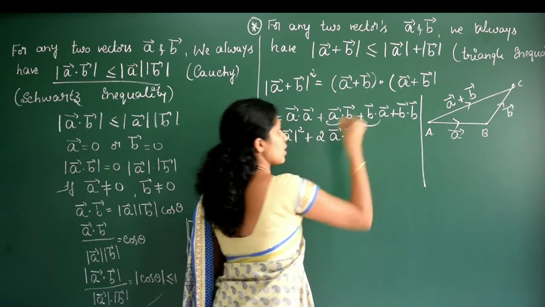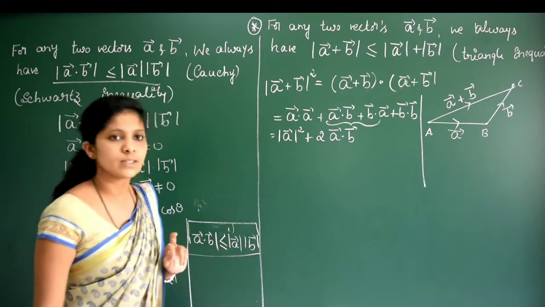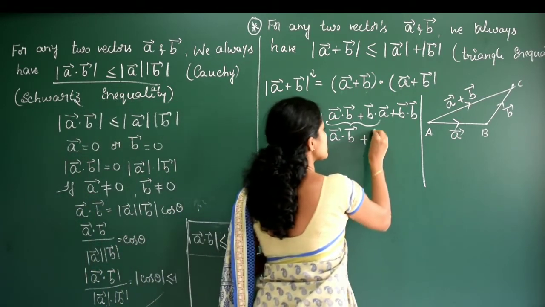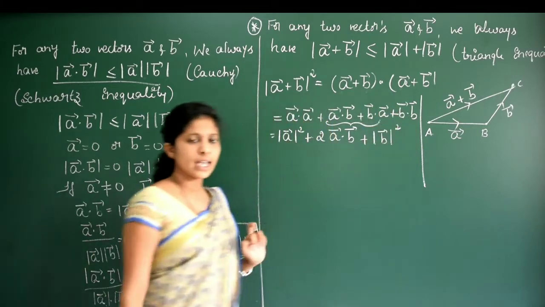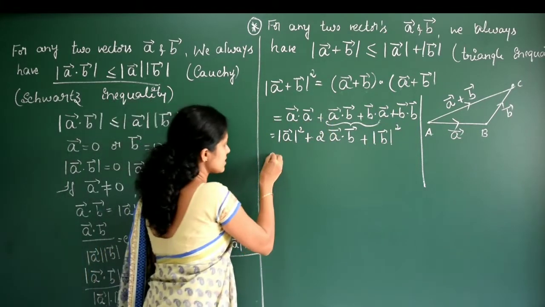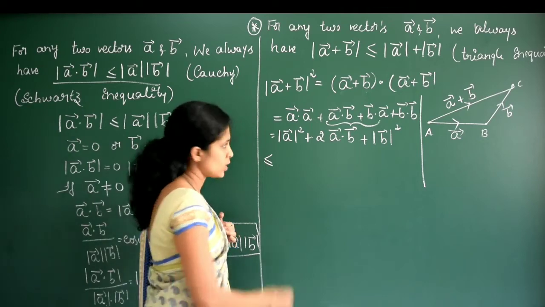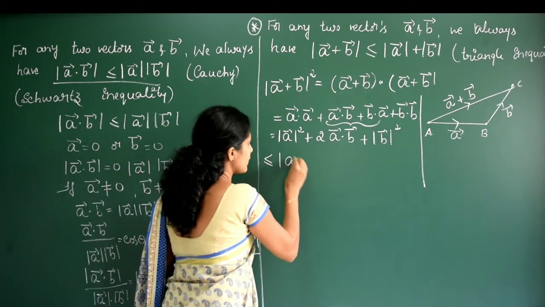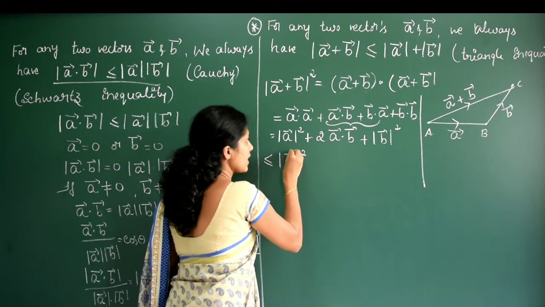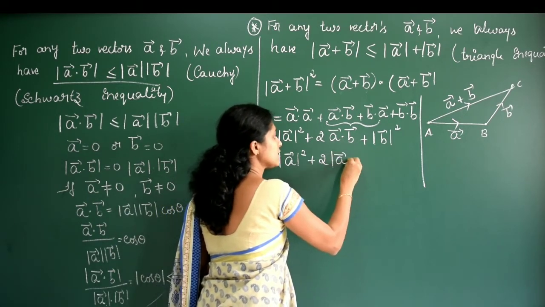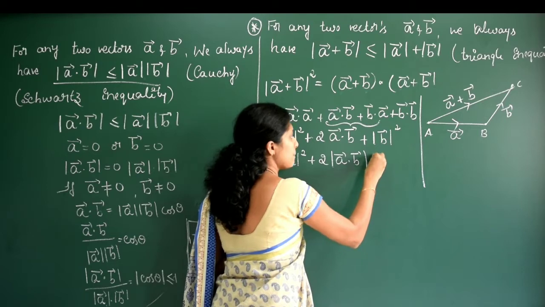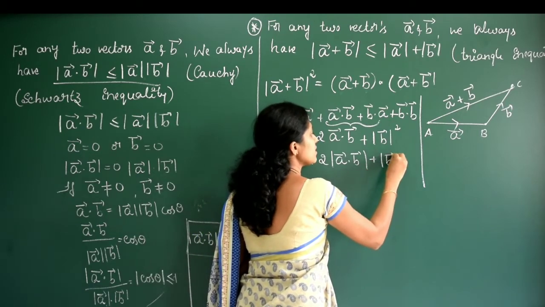Adding these two. Now b vector dot b vector will be plus the magnitude of b vector square.